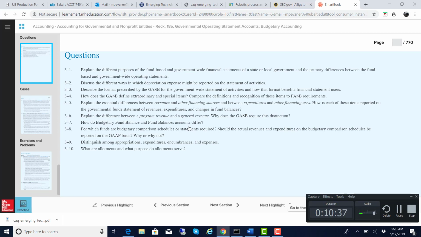For example, if you have a long-term receivable which is not going to be collected within, say, 90 days after the end of the period, that would not be considered revenue for government fund accounting purposes. It would be under the government-wide financial statements, but not for fund accounting.